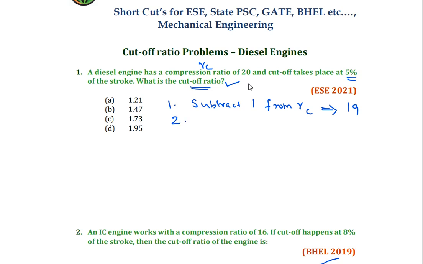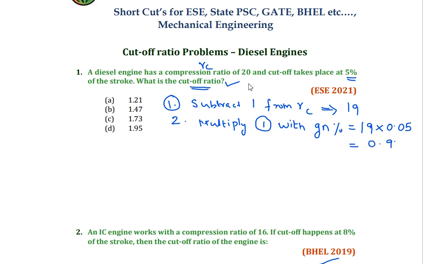The next step is to multiply the above value, which we can take as 1, with the given percentage. For this problem it is 19 into 5%, which is 5 by 100. If you check the value when you multiply this, you will get 0.95.